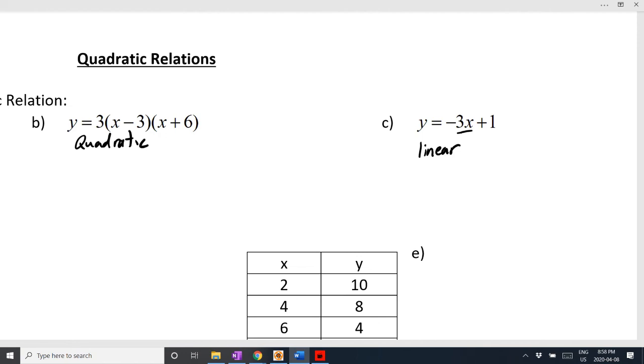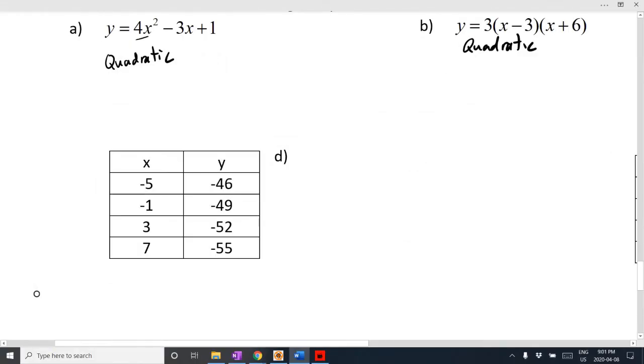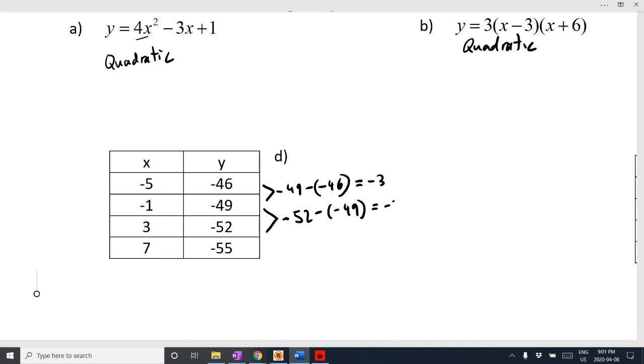Let's move on. Here we have a table of values, and to check to see if it's quadratic or not, we have to check our first and second differences. So let's try that. We'll do our first difference between these two: -49 minus -46, and that'll be equal to -3. Let's do these two: -52 minus -49, and that'll also be equal to -3.